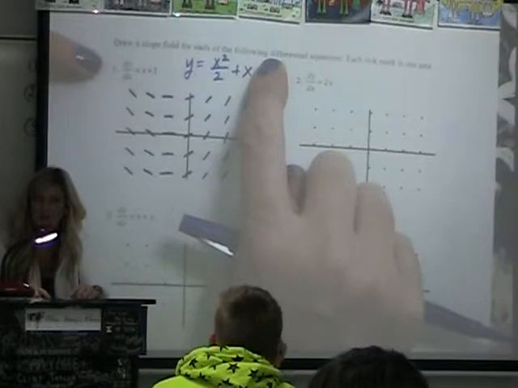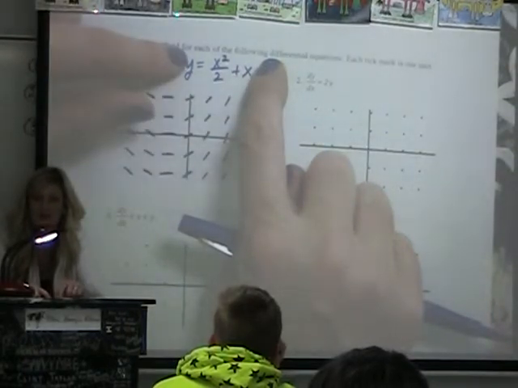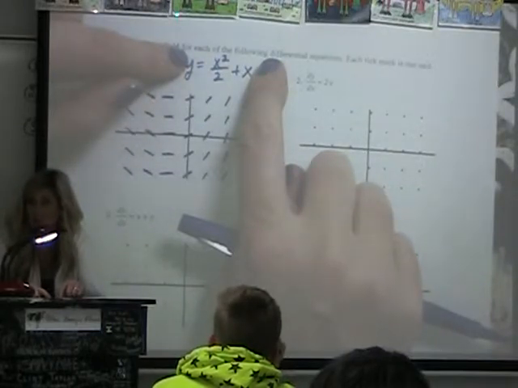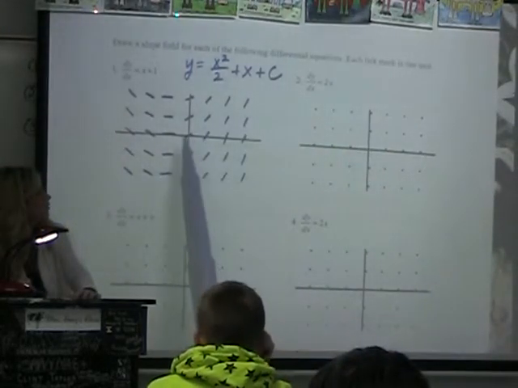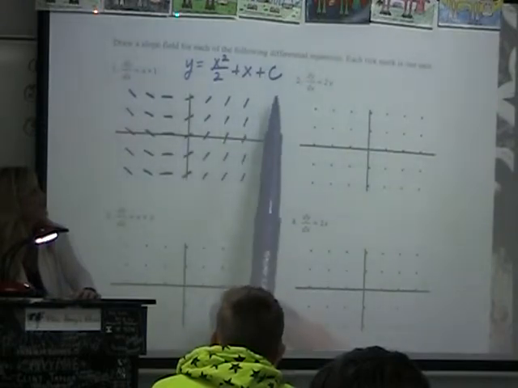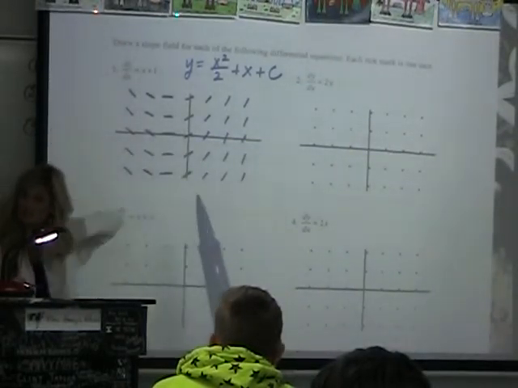Can you talk to me about the vertex? Do you remember the vertex formula from Algebra 2? -b over 2a. So the opposite of 1 over 2 times the half is 1. So the vertex is going to be at x equal -1. When you add c, that just means a shift up or down.